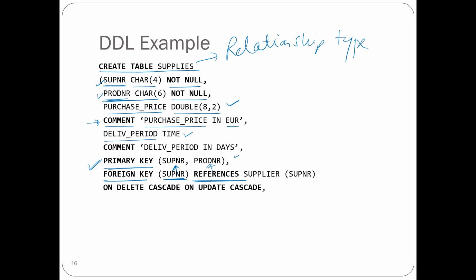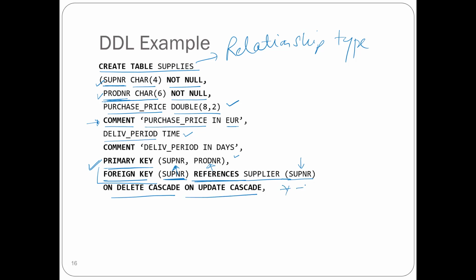So the same information we put in SQL like this: foreign key sub nr inside the parentheses references the supplier table, and in the supplier table the column supplier nr itself. That's not complete. We also want to add some more information for this foreign key, saying on delete cascade, on update cascade.